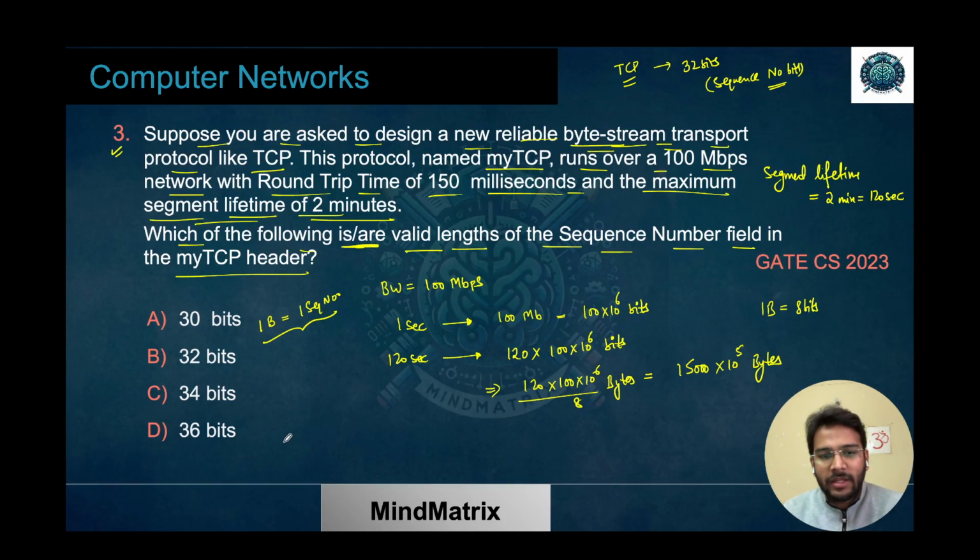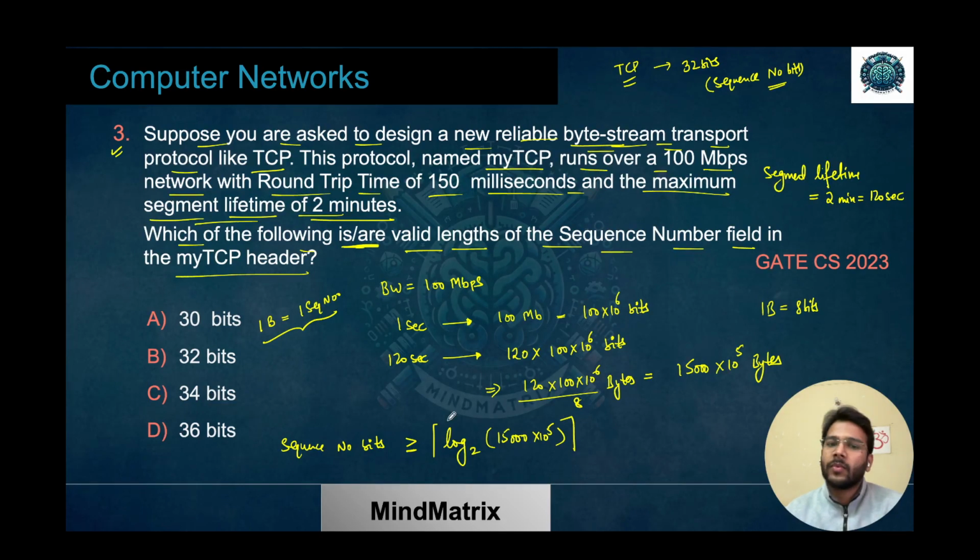So can I say that the sequence number bits will be greater than or equal to the ceil of log of this number, 15,000 into 10 raised to the power 5? That means at least this many bits are needed to keep a count of the bytes that we have to transfer.